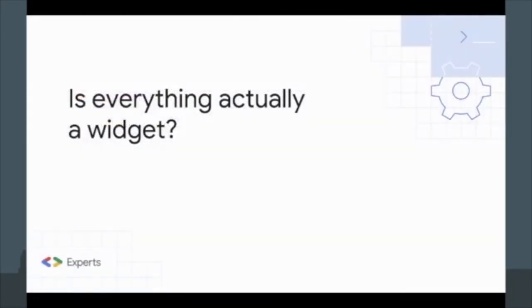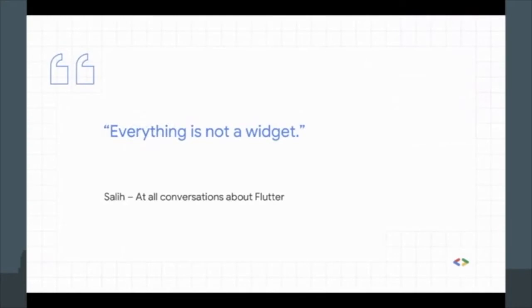So earlier I said everything is a widget. You will have stateless widget and stateful widget. But I also said there are a lot of architectural decisions behind the scenes that are helping you to have these immutable operations work flawlessly and change any UI component that you have in your application. So I will contradict myself now and say, actually, everything is not a widget.